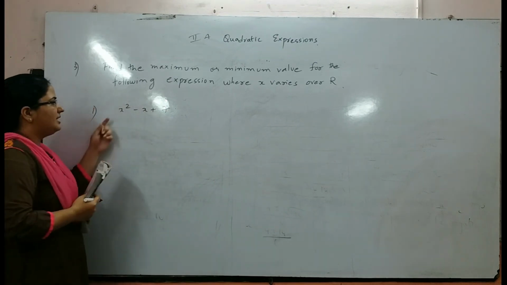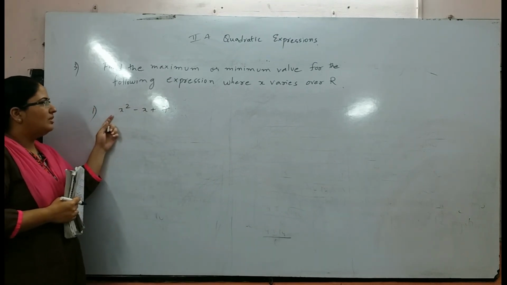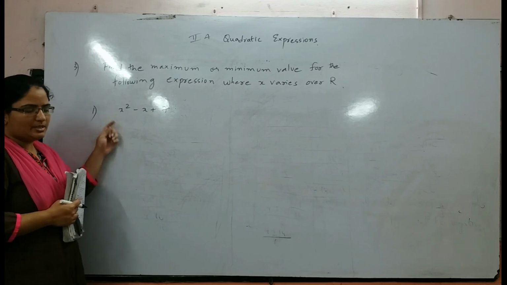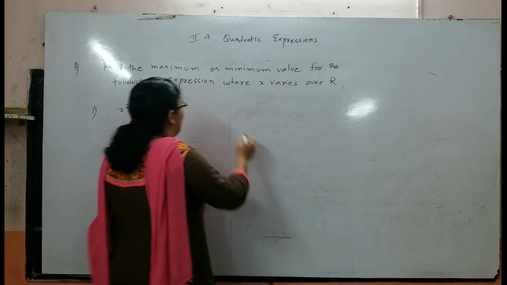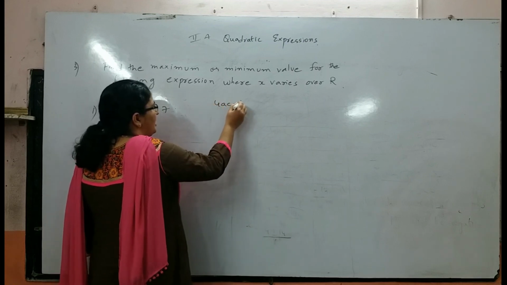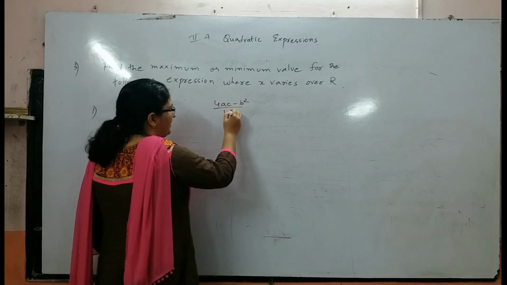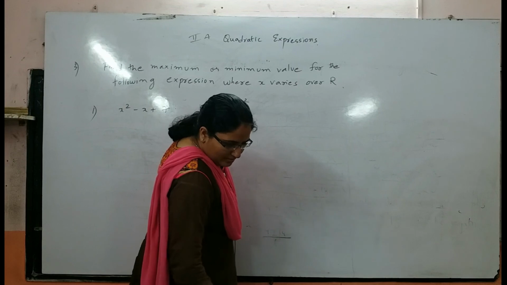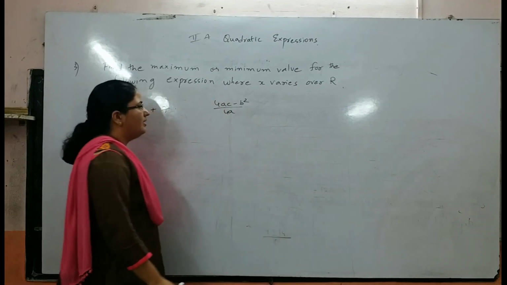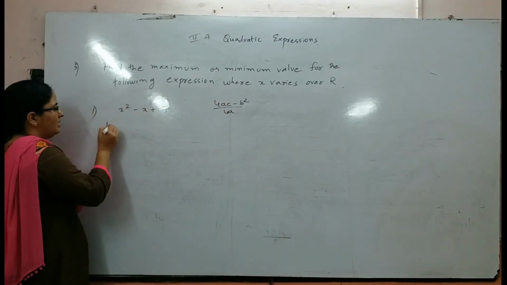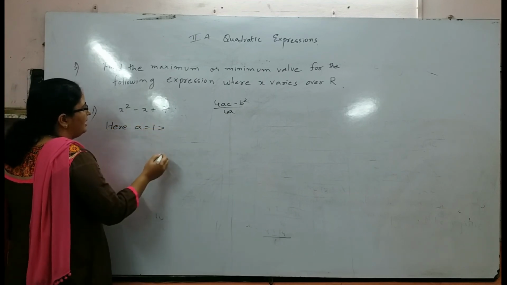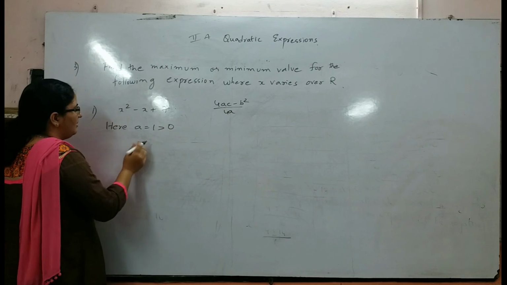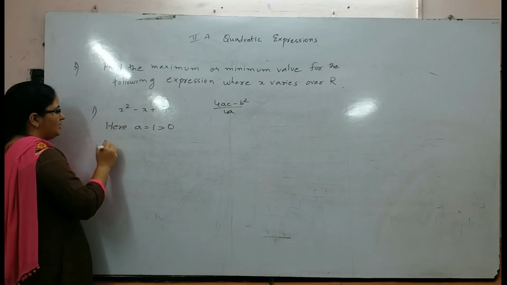Whenever a is greater than 0, the expression has minimum value. Whenever a is less than 0, the expression has maximum value. That value is given by (4ac minus b square) by 4a. So here a is equal to 1, greater than 0, so it has minimum value.